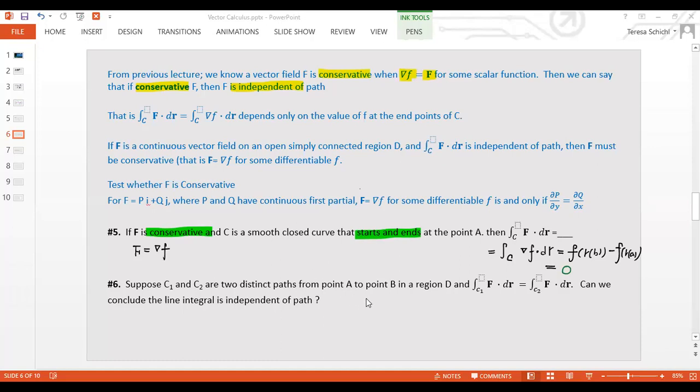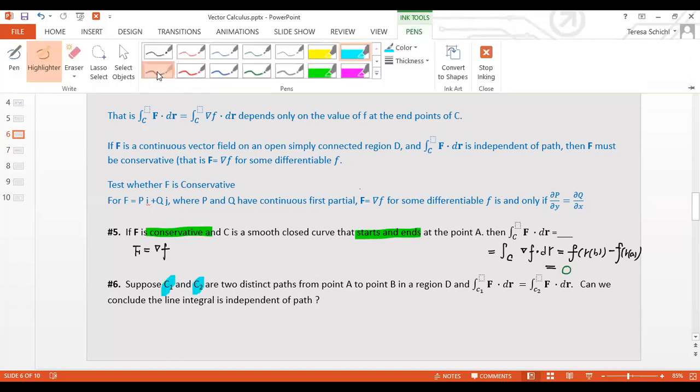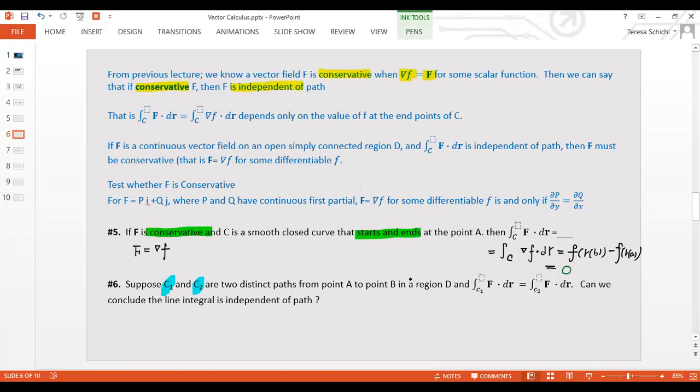Okay, so now let's take a look at problem number 6. They tell you that if C1 and C2 are two different paths from A to B in a region, so that the integral over C1 of this vector field equals the integral over C2 of this vector field, can we conclude the line integral is independent of the path?